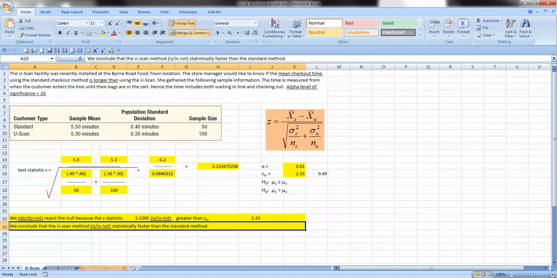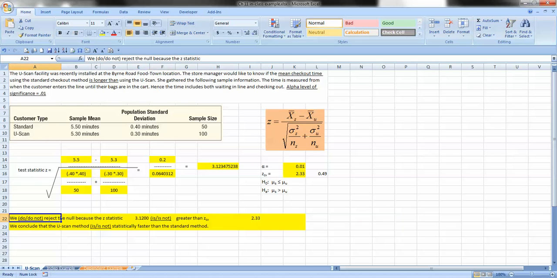So based on that, if our rejection criteria is reject H0, or our decision rule is reject the null if the z-stat is greater than the z critical value, and we can see what those two values are, we know we can go in here then and we can say we do reject the null hypothesis because the z statistic 3.12 is greater than the critical value of 2.33.